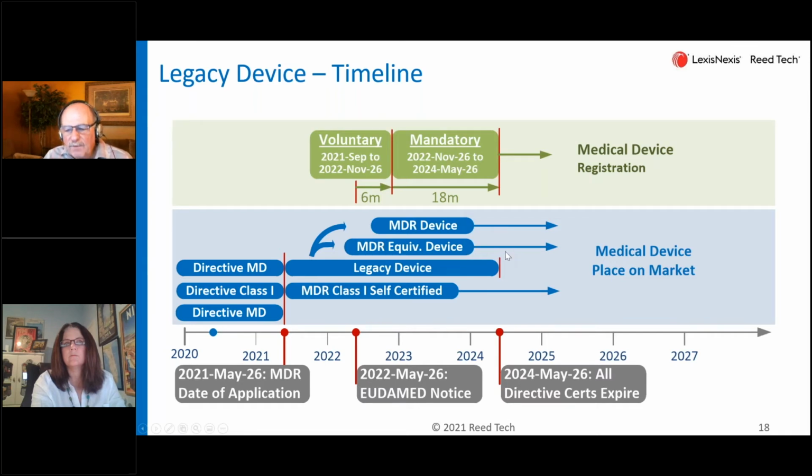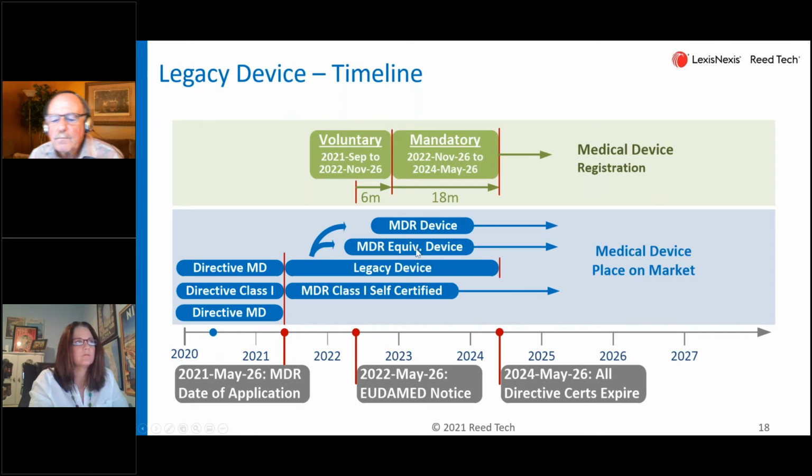If you don't get that review done, then you can no longer market your legacy devices, and you can't yet market your new MDR equivalent device. So this is a very challenging, busy period of time where you take your full inventory perhaps and start to have it comply with MDR. So this is a huge amount of effort and activity here.